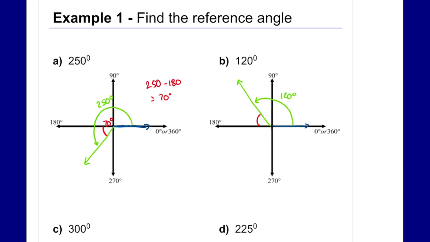To figure out that angle, I can do 180 minus 120, and I get 60. So this angle is 60 degrees. That's going to be my reference angle. You might see where we're going with this: if I know there's going to be a right angle triangle with 60 degrees, I'm going to reference the special triangles that we learned in the previous lesson.